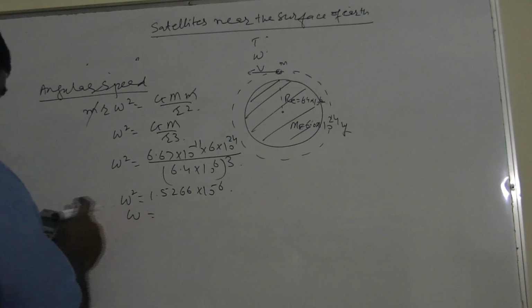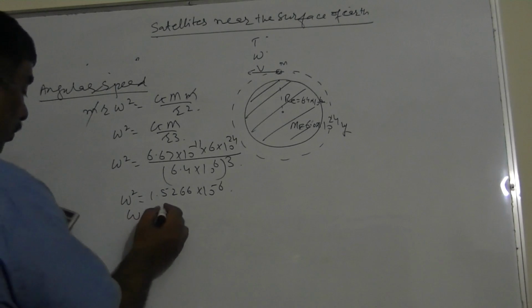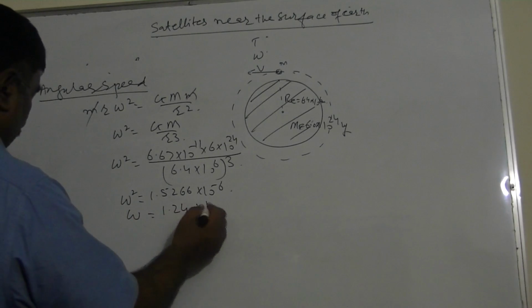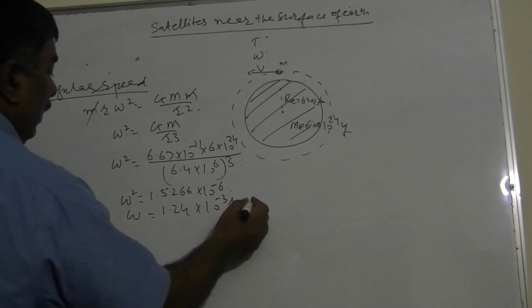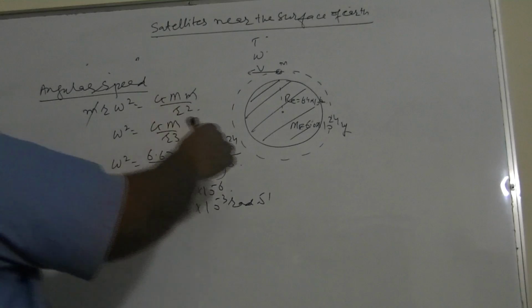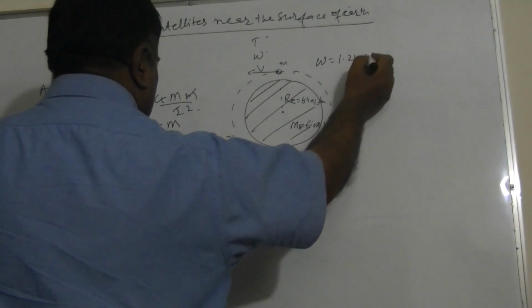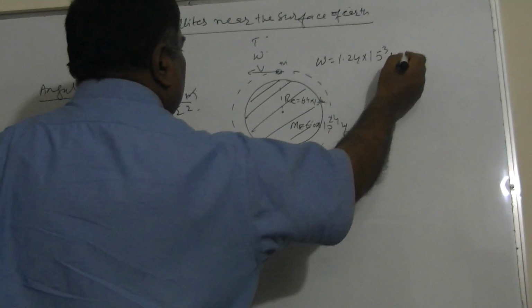So omega is the square root of this one, coming out to be 1.24 into 10 power minus 3 radians per second. So the satellite near the surface of the Earth has almost an angular speed of 1.24 into 10 power minus 3 radians per second.